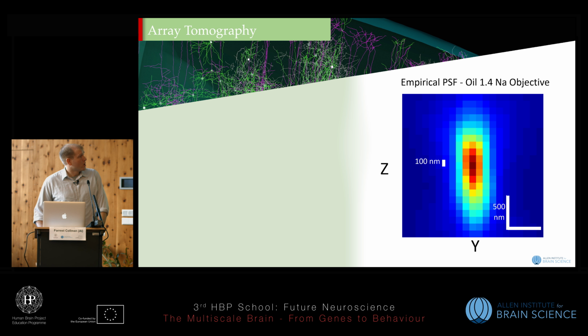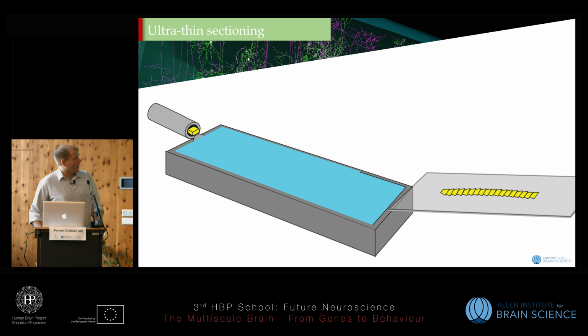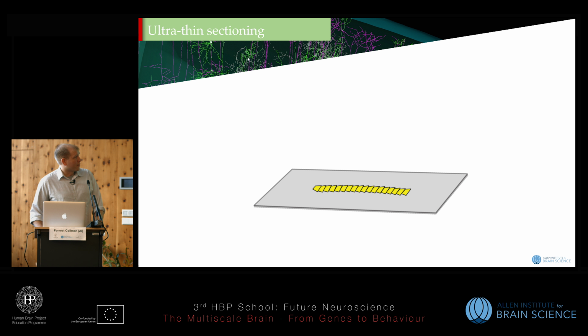So array tomography starts, similar to the previous speaker, with embedding your brain sample in a hard plastic resin so that you can collect ribbons of ultra-thin serial sections and collect them onto an optical cover slip.